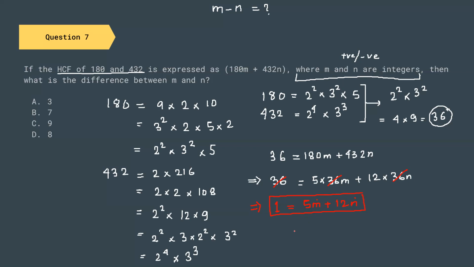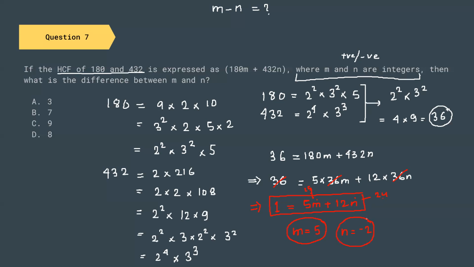So you can easily say that if we write m is equal to 5, this will become 25, and if n is equal to minus 2, then this will become minus 24, and 25 minus 24 is 1. So the value of m is 5 and the value for n is minus 2.